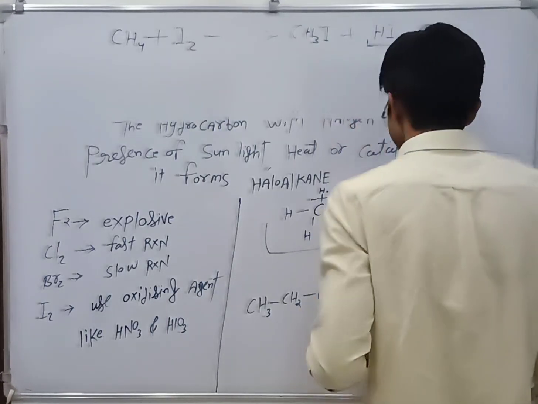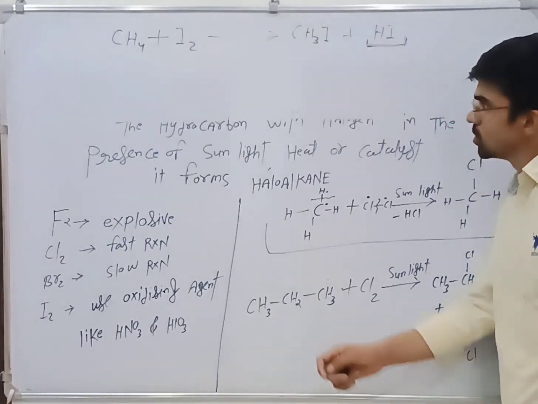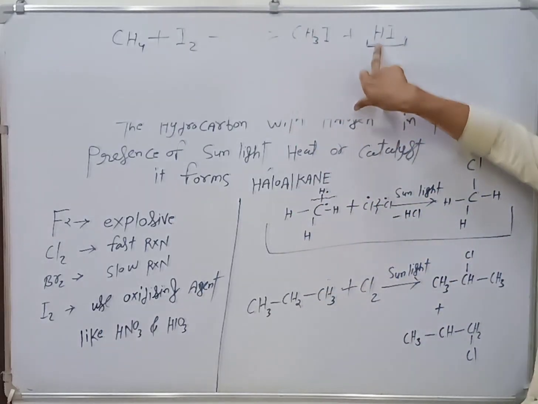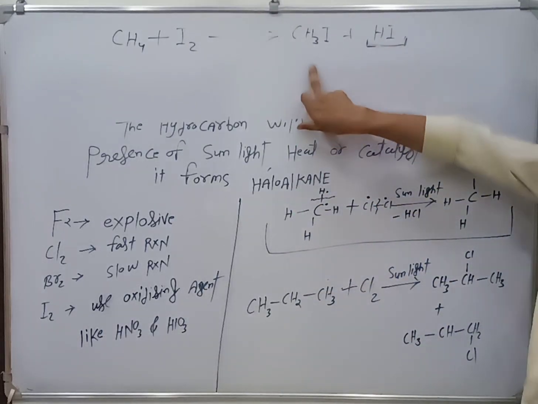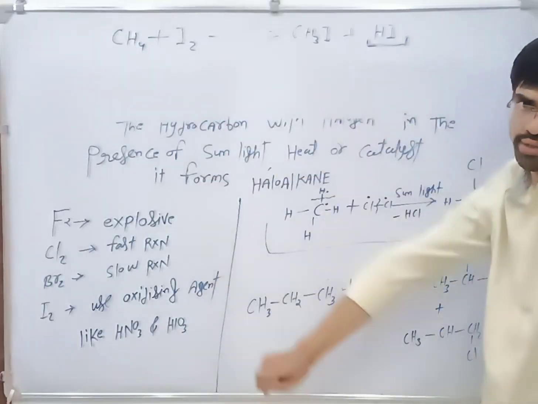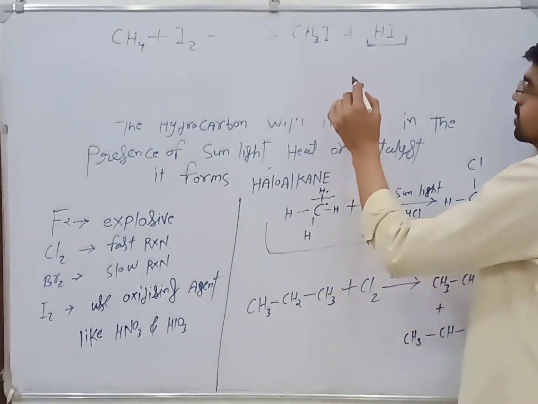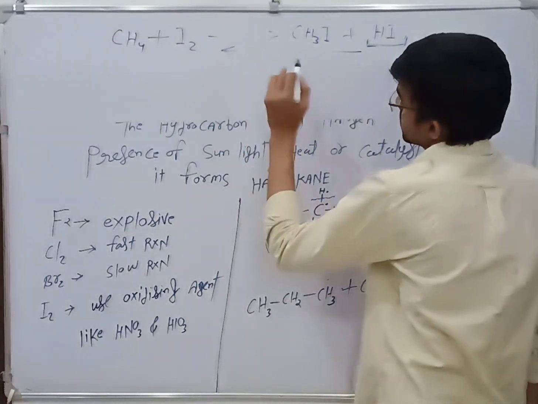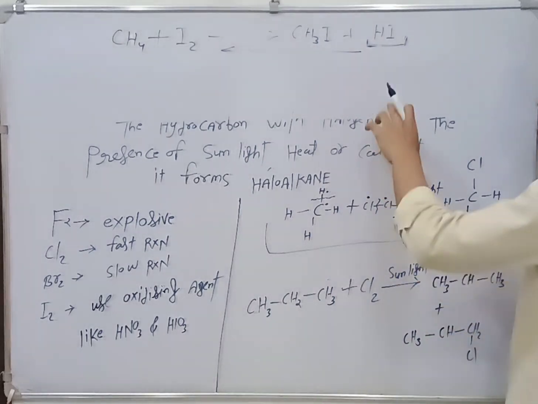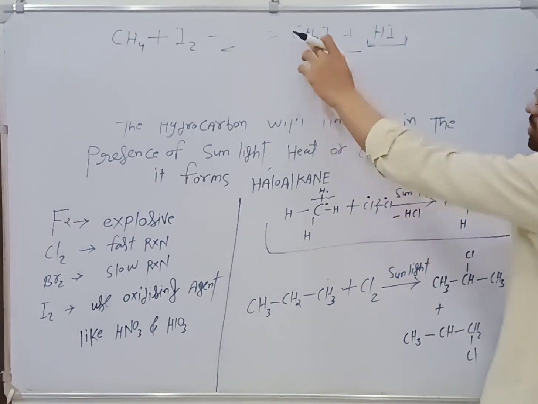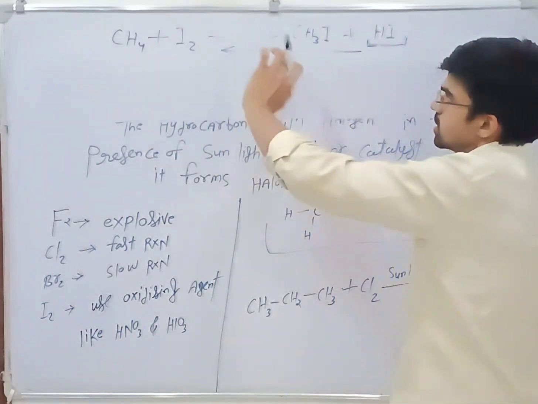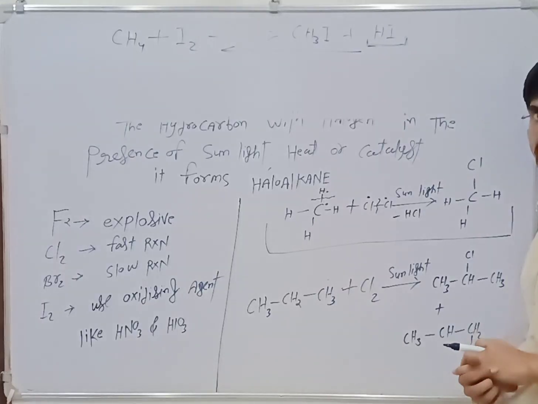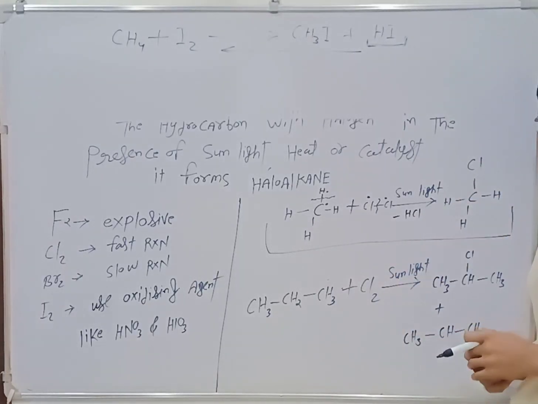HI is a reducing agent. Because of its reducing nature, it will again form the reactants, CH4 and I. It will release the H, and this H will combine with CH3 and form CH4 again. It means the reaction will take place in the reverse direction.